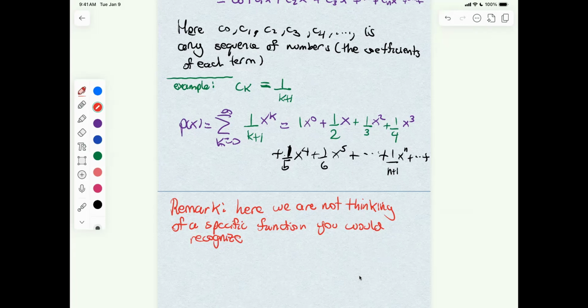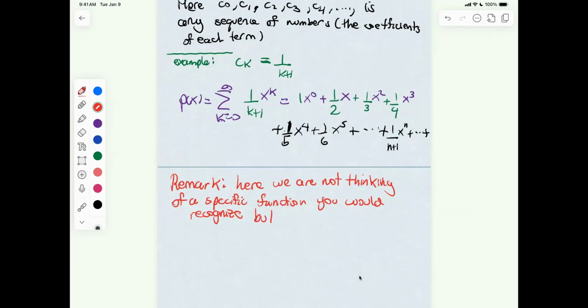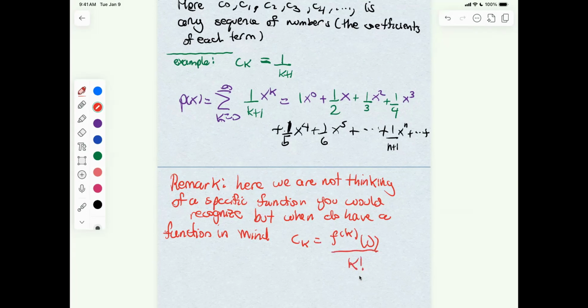But eventually we do want to use that. When we do have a function in mind, the idea is that this C_k would be the kth derivative of the function divided by k factorial, because that's the connection with the Taylor series I mentioned earlier. But in this particular case, I don't have a function; that's not how I found these numbers.